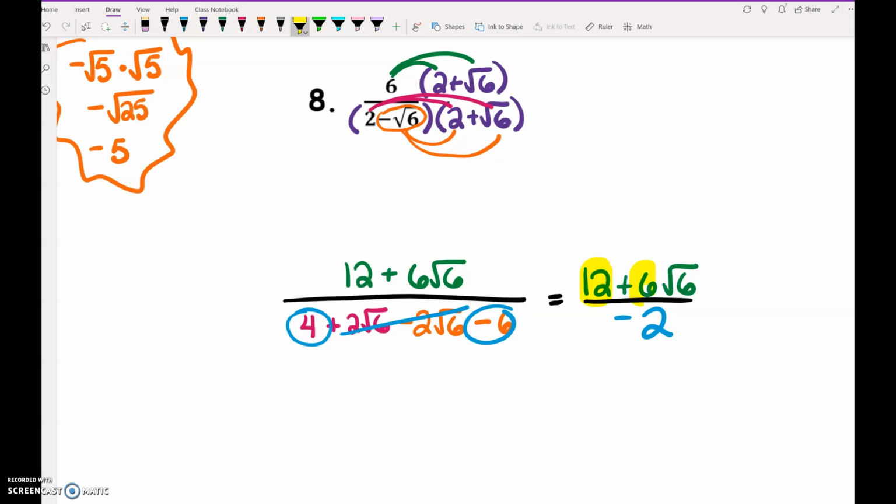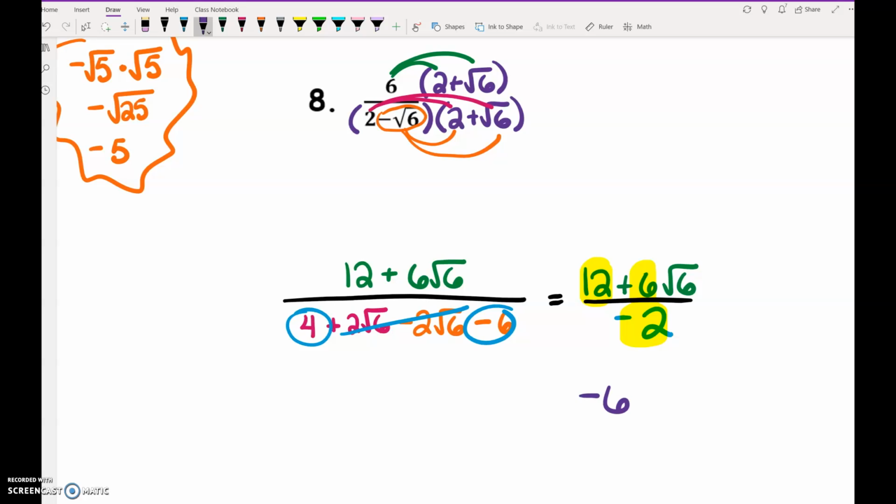Look at the whole number pieces. Ignore the stuff under the radical. Just look at the stuff that isn't under the radical. We've got 12, we've got 6, and we've got negative 2. Do 12, 6, and negative 2 have anything in common? 2. In fact, let's do negative 2. So 12 divided by negative 2 is negative 6.